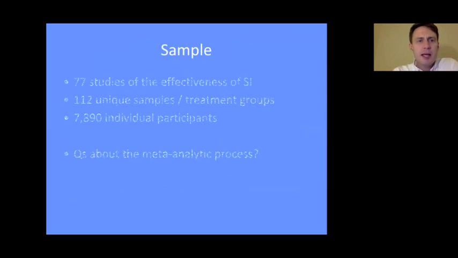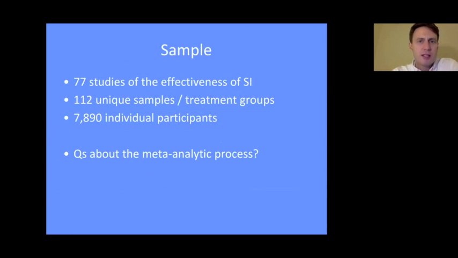The sample in the end consisted of 77 studies where the researcher taught a group of learners, or in some cases more than one group or class, some second language learning strategies. Overall, there were 112 unique samples or treatment groups, almost 8,000 individual participants.